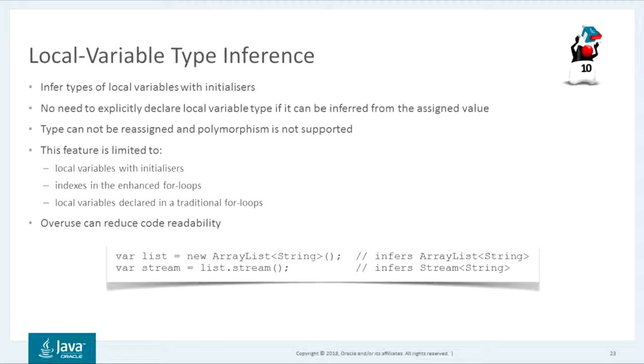So you're not saying that this list or that string is of a particular type. The type is guessed from the right-hand side of the expression. So, I don't know, array list of strings or a particular stream or whatever it is, the type is guessed for you. And you could use that particular technique for any local variable, variables that you declare inside your methods, essentially.